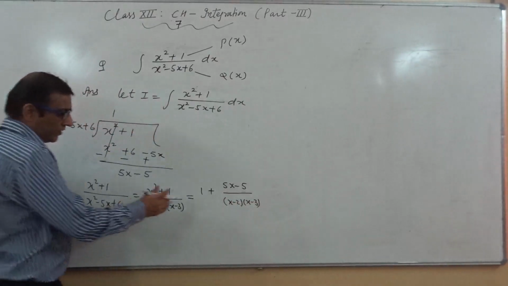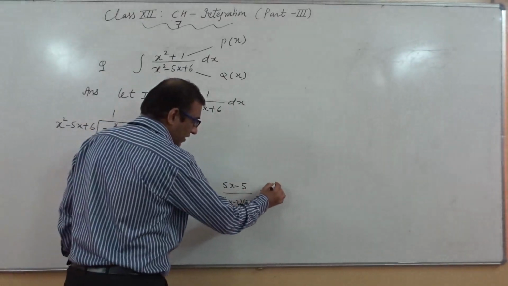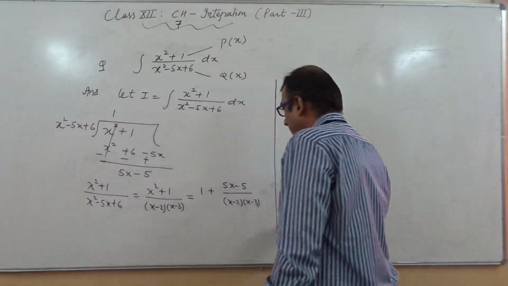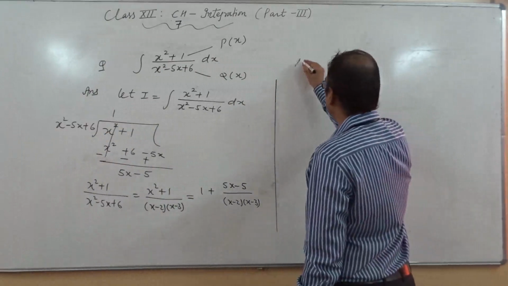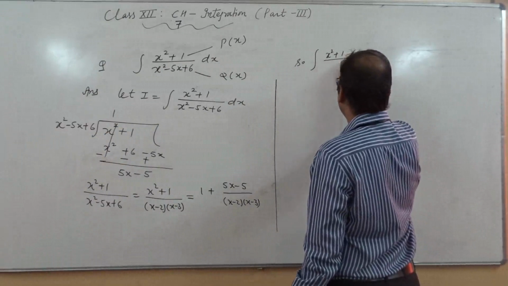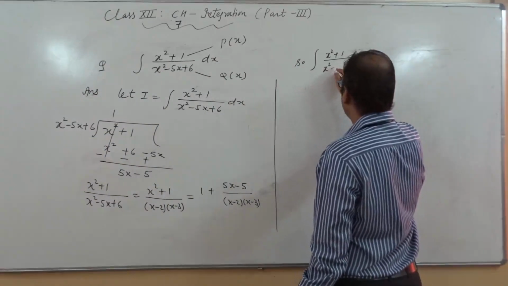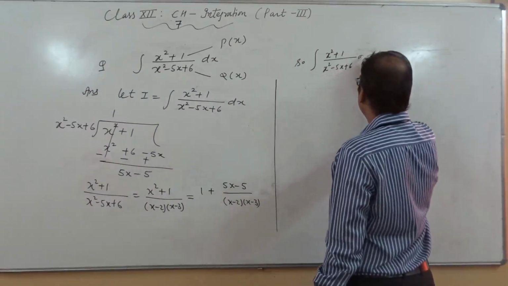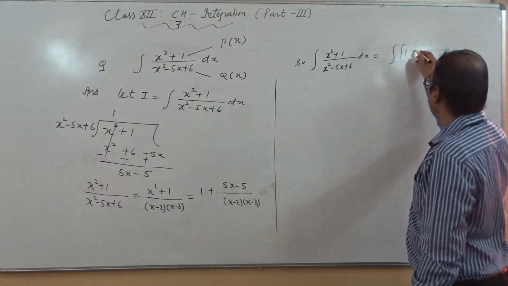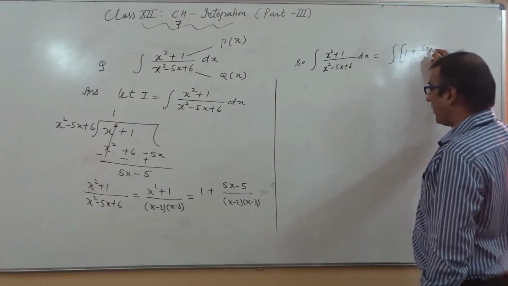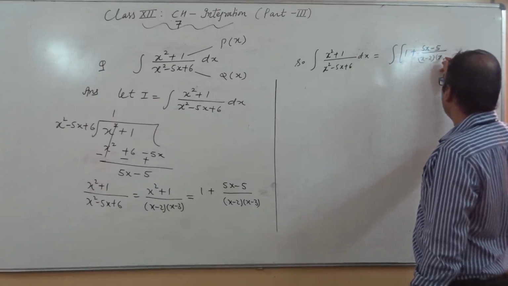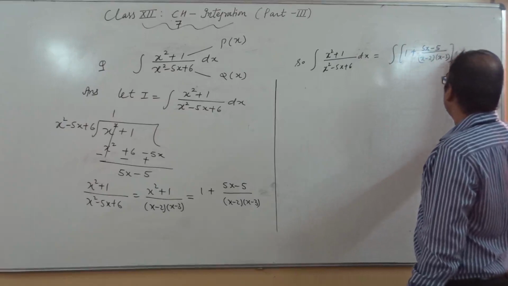Okay. So after this, how can we do the integration? So the integration of (x² + 1)/(x² − 5x + 6) dx can be written as the integral of 1 + (5x − 5)/((x − 2)(x − 3)) dx.